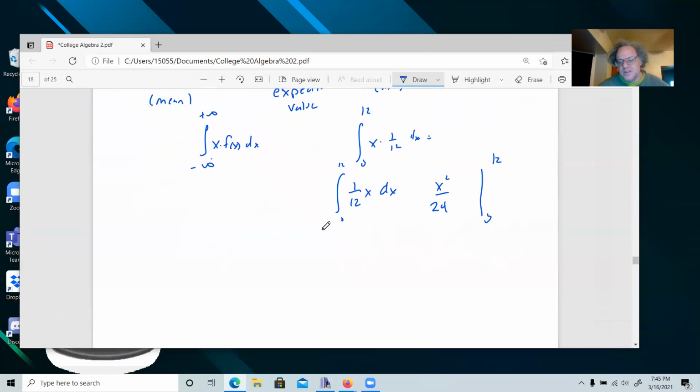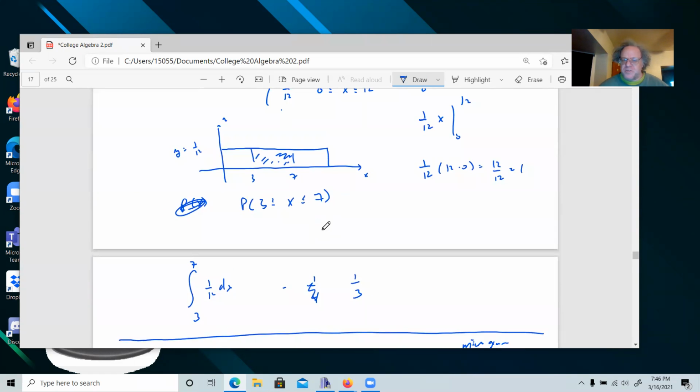Okay, so we would get what? We would get 12 squared over 24 minus 0, so this is going to be 144 over 2 times 12. So that's going to be, right, this is 12 over 12, so we just get 12 over 2 and 6. And I hope you would expect, right, well, it's halfway between 0 and 12 because it's uniform.